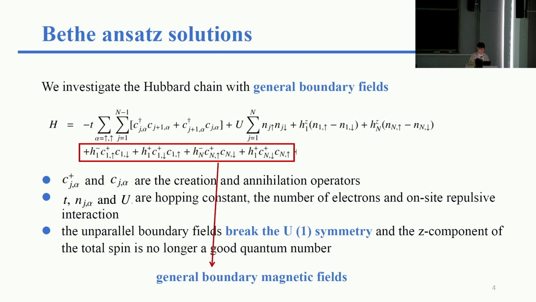The difference between the unparallel boundary fields and the diagonal boundary fields is that it breaks the U(1) symmetry. What does that mean? It means that the z component of the total spin will no longer be a good quantum number. So we call it the general boundary magnetic fields.